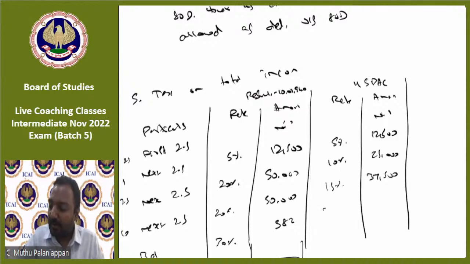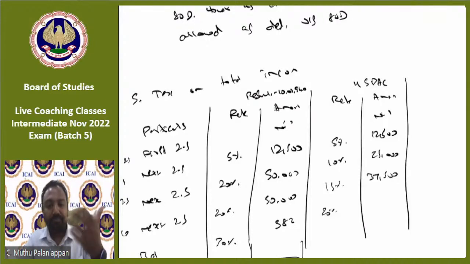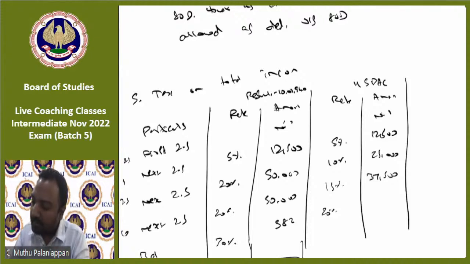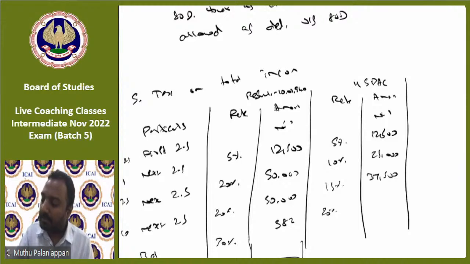And then you get 20%. 20% is 25,000 into 2, so you get 50,000. So up to 10 lakhs, you have taken.